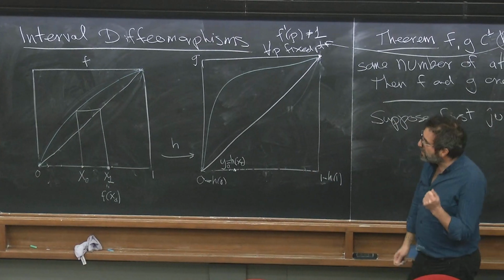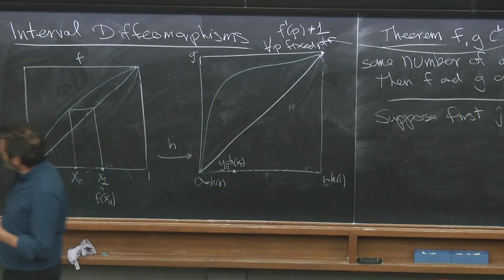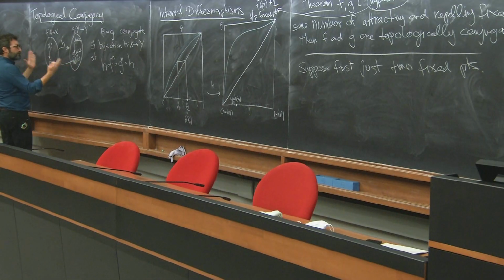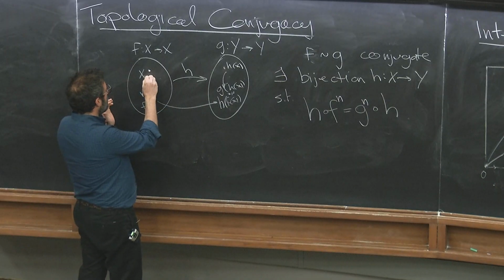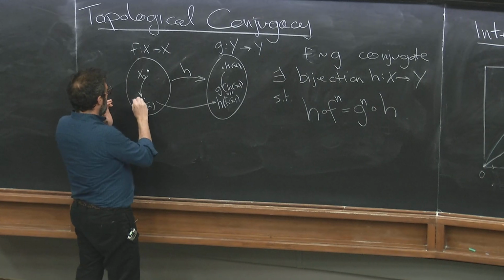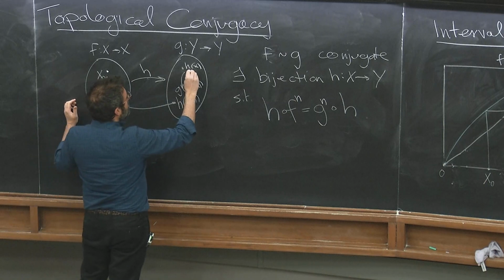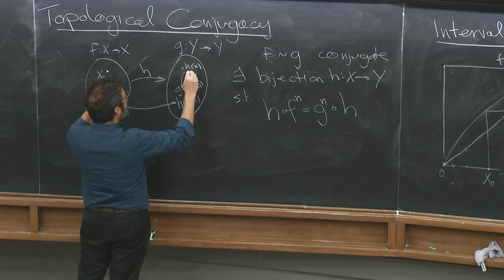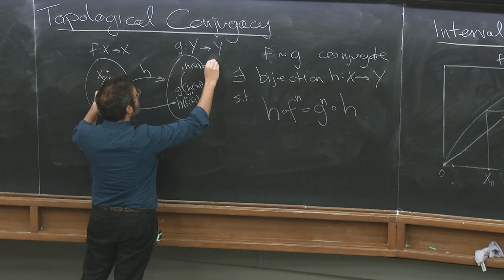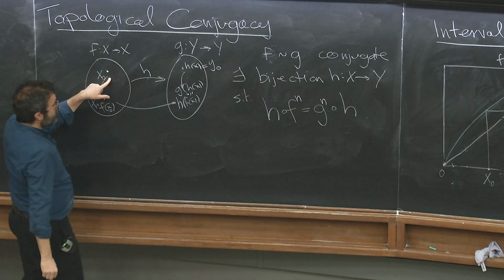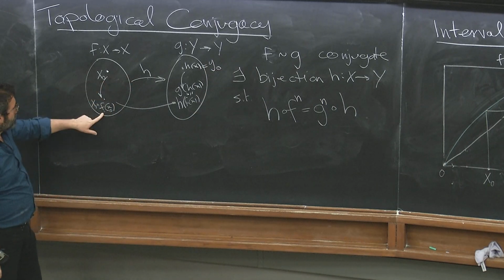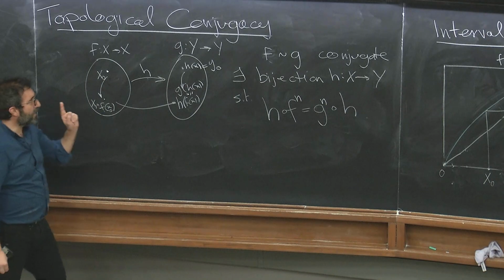What do we know? What is the conjugacy condition? What was the picture that I just drew here? x0, x1, right? y0. So this is our y0. So what did I say?